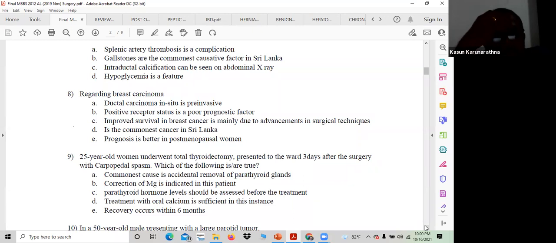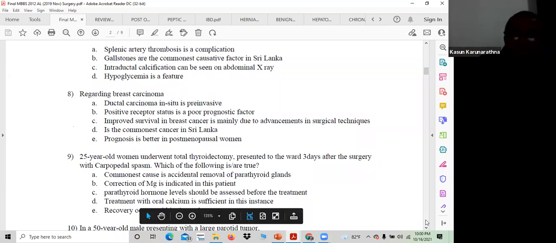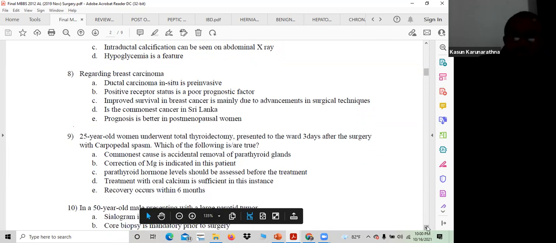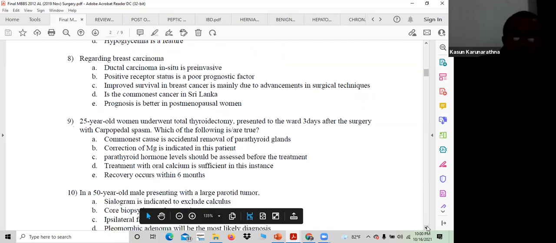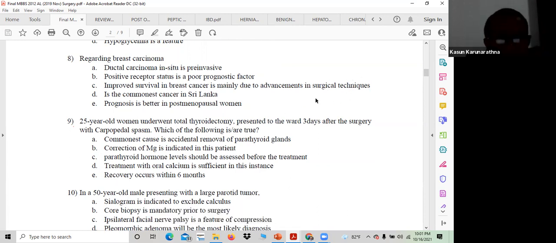Improved survival in breast cancer is mainly due to advancement in surgical techniques. Not really due to surgical techniques; that is due to screening and targeted therapies. The screening has been improved due to mammograms, and there is targeted therapy.